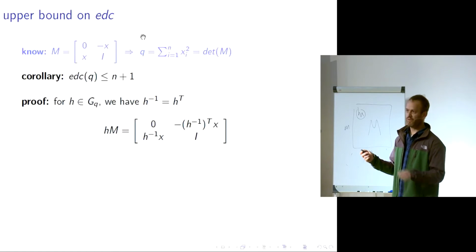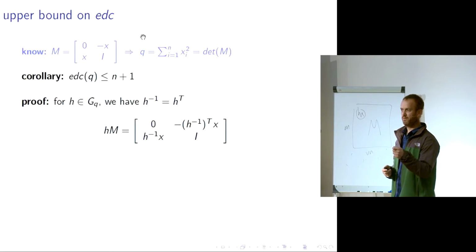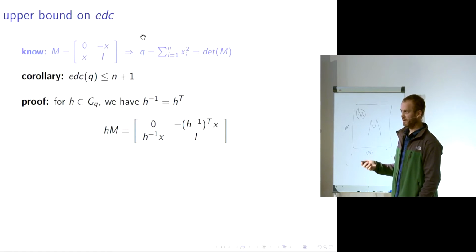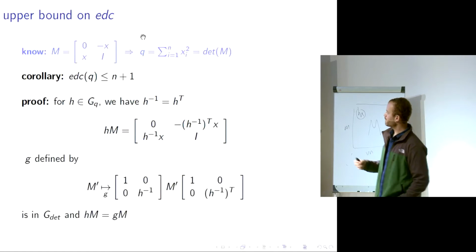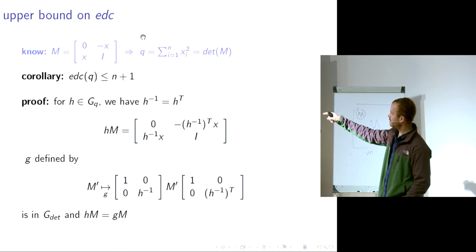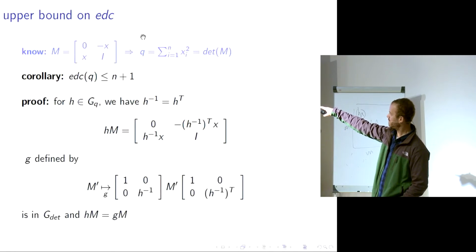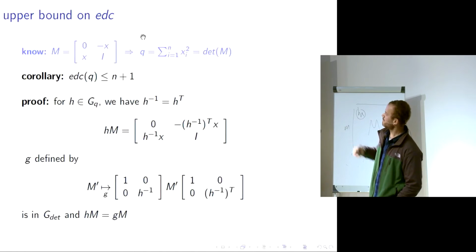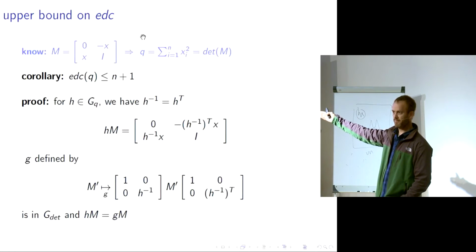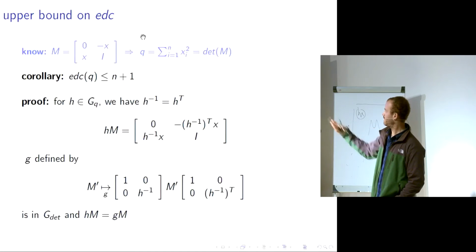Now we need to find a matrix G that acts from the outside, fixes the determinant, and does the same thing. So here is the action. We take the matrix M prime to a new matrix, which is M prime conjugated by this matrix. Just this operation.